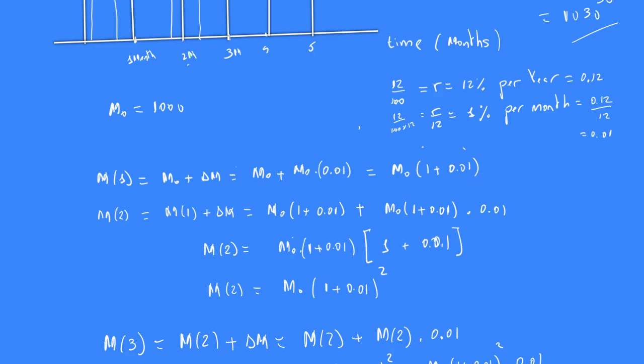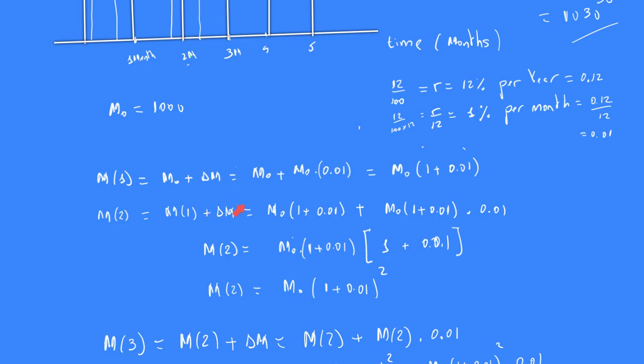Now the second month arrives. M2, the amount that you will have at the second month, is the amount that you had at the previous month plus the change in your money. The amount that you had at the previous month is M0 multiplied by (1 plus 0.01).